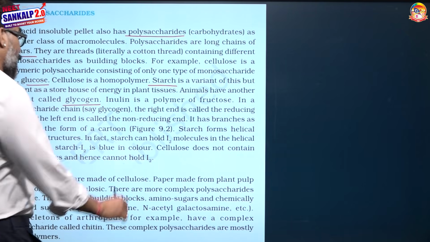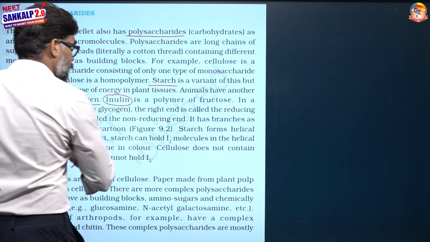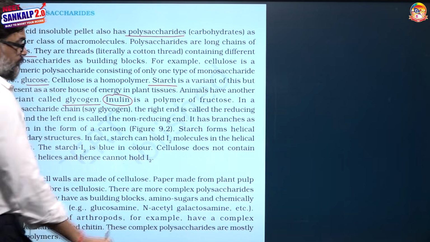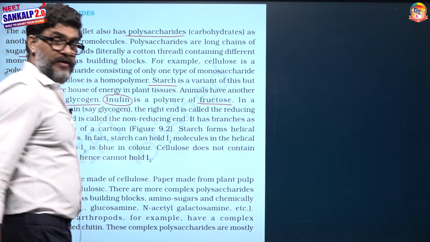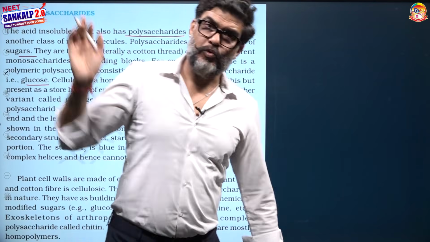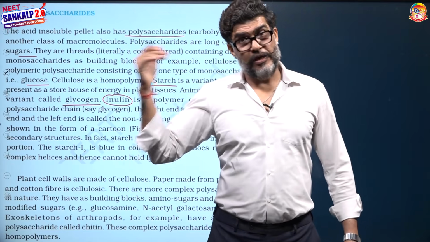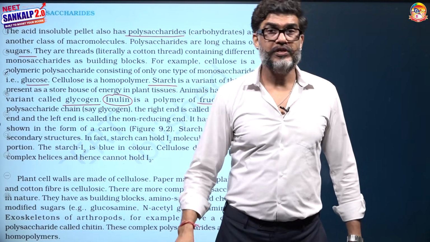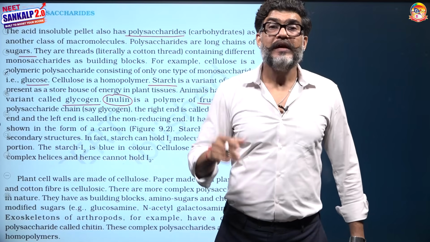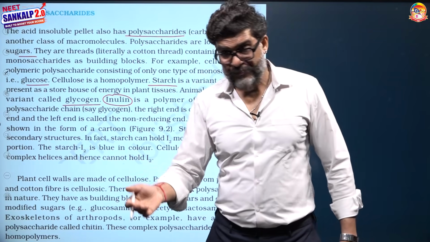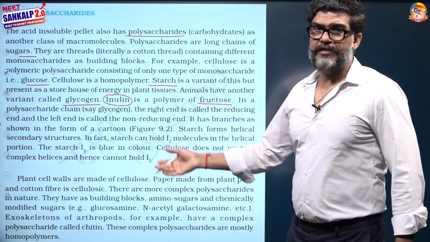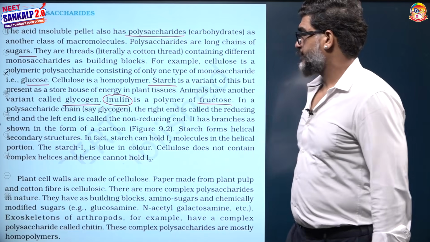Inulin is a polymer of, very important point, inulin is a polymer of fructose. Starch was a polymer of glucose. Glycogen was a polymer of glucose. Cellulose was a polymer of glucose. Chitin was a polymer of N-acetyl glucosamine. And inulin is a polymer of fructose.